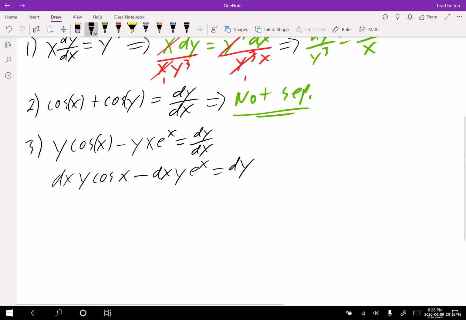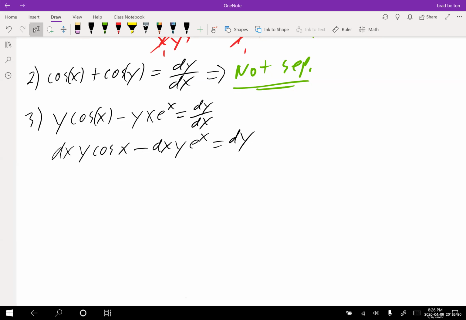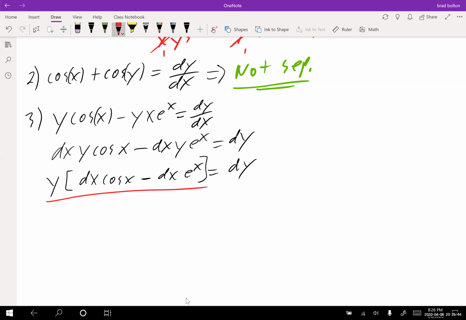So this is looking very terrible. However, I notice that both of them have a y in common, so I'm going to factor out a y. That would leave me with dx cosine x minus dx e to the x equals dy. I'm going to divide both sides by y.